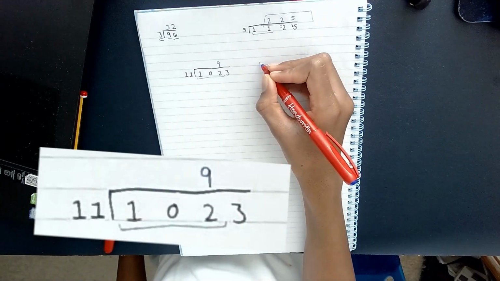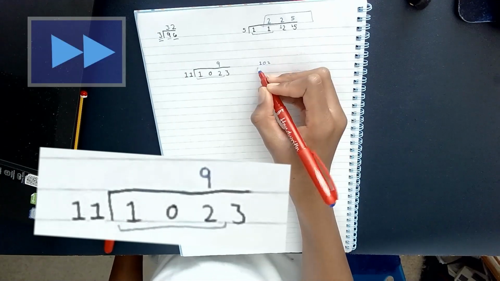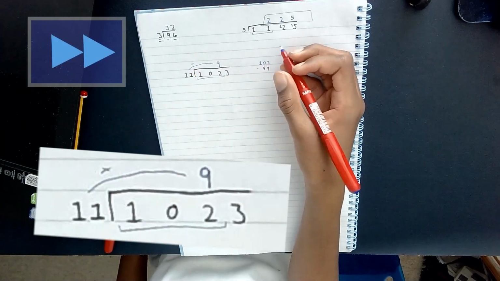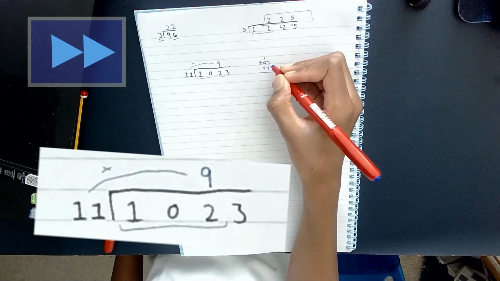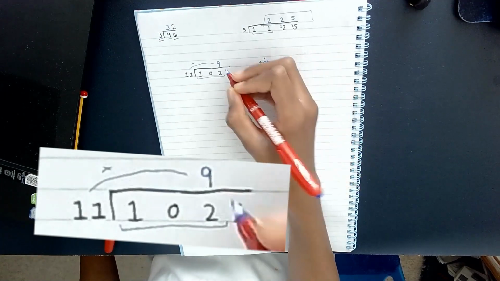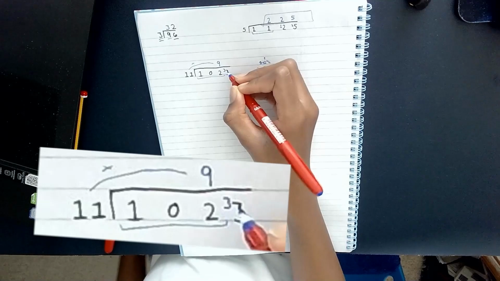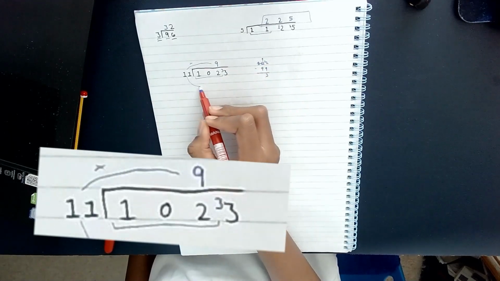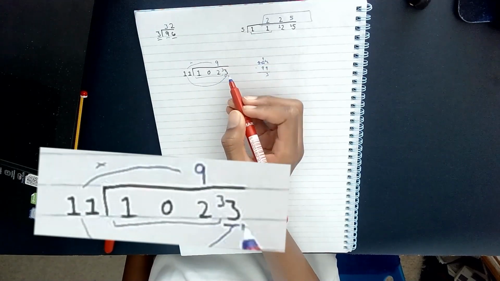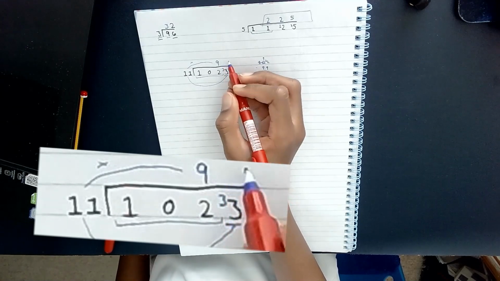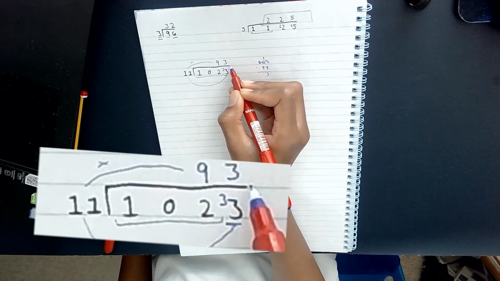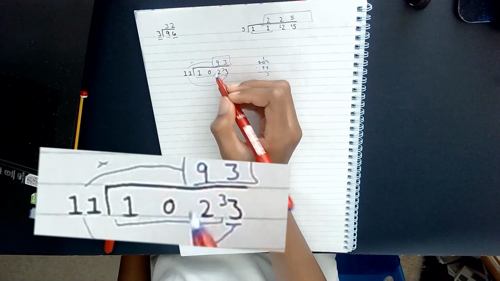So we're going to do 99. That would be a remainder of 3. Now 11 goes into 33 exactly 3 times. So our answer is 93.